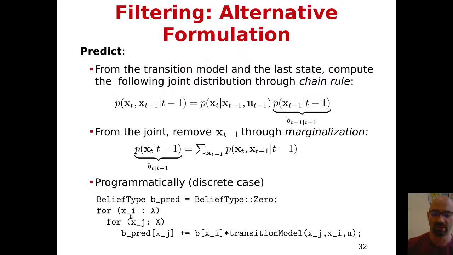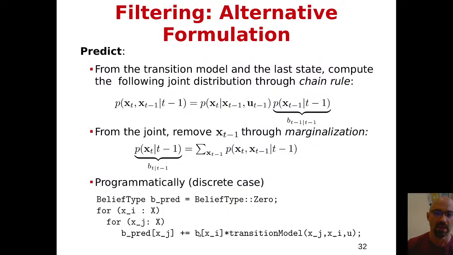This equation says that in order to figure out how likely it is to end up in the state xj, you have to consider the probability you had of being in the state xi at time t-1, and then the probability of ending up in the state xj, starting from the state xi, given the control u.